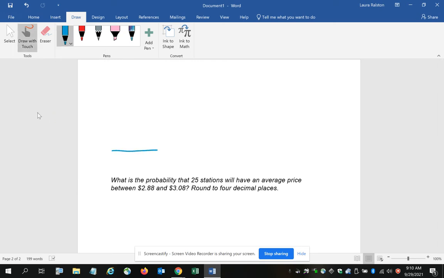So if I draw a picture here, even though we're told it's unknown, when we apply the central limit theorem, it's going to mimic the normal distribution. My mean is $2.98.